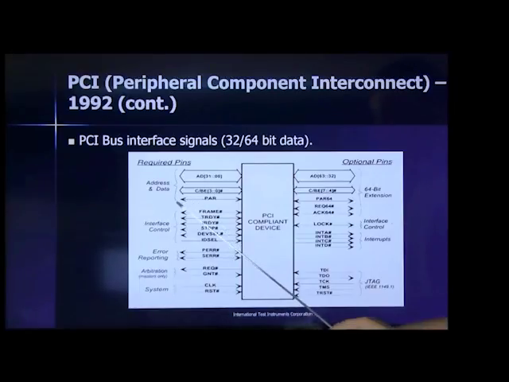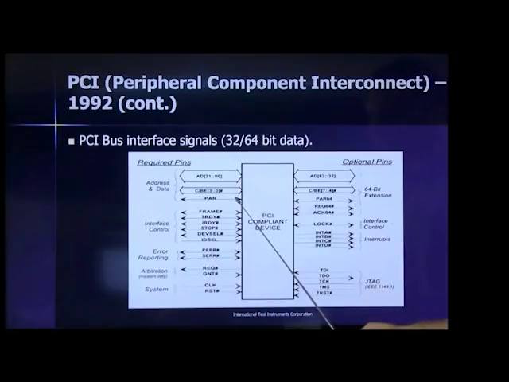What you do need is the address and data signals to get the address assigned to the device and the data in or out. You need command and byte enable. The byte enable signals are used for reading or writing individual bytes. So you might want to write the first 2 bytes, but not all 4 bytes in a 32-bit D word. You have a parity signal, so that parity can be checked.